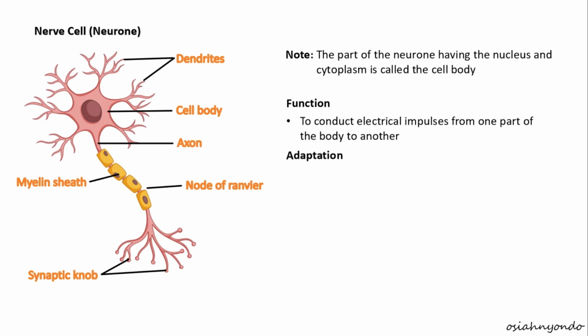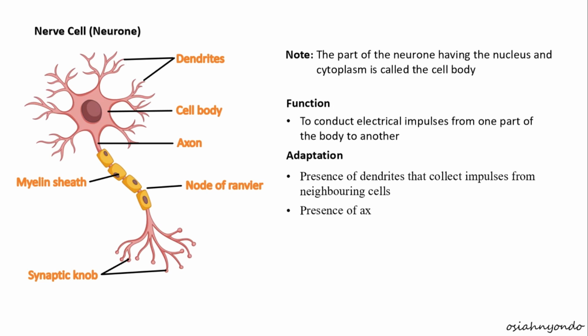Adaptations. When you look at the word adaptation, what it simply means is features that allow a cell to perform its roles or functions. Let's look at the first one. Presence of dendrites to collect electrical impulses from neighboring cells.